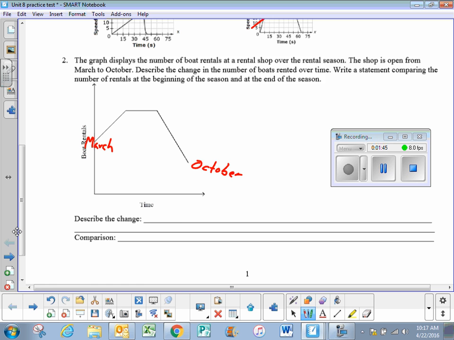So starting in March, what happened? People started renting boats, increasing, that's kind of important, increasing at a constant rate.